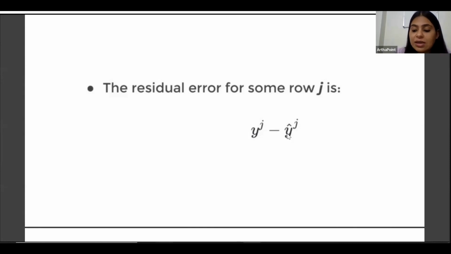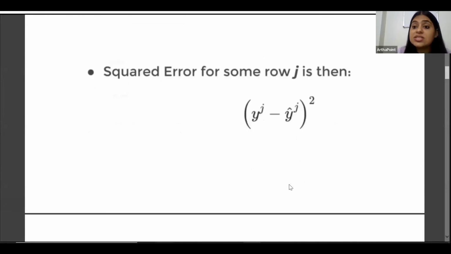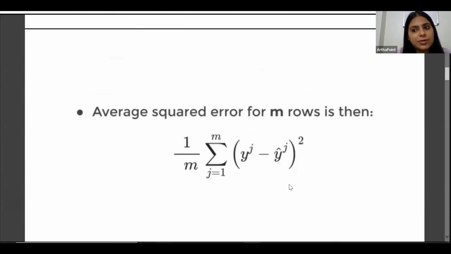So the aim of the machine will at any point be to square the errors, sum those errors together, and minimize that. This is called the residual sum of squares. Whichever model gives you the minimum residual sum of squares, that is the best model to work with.